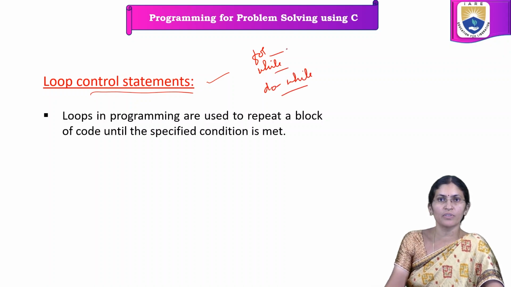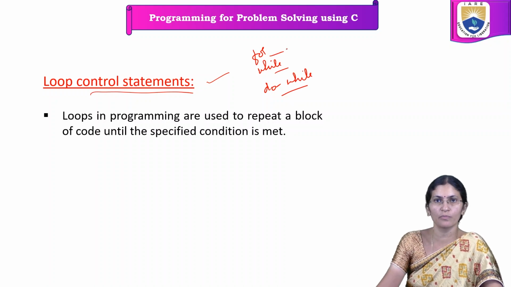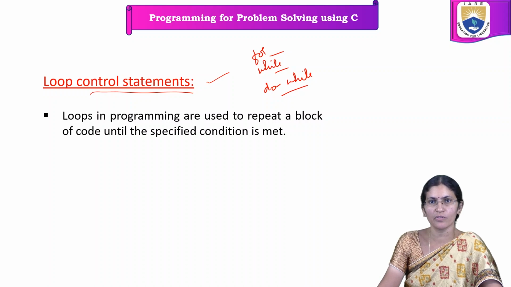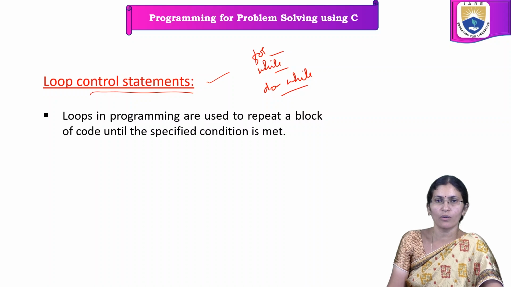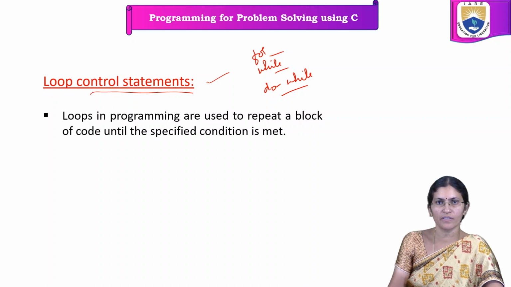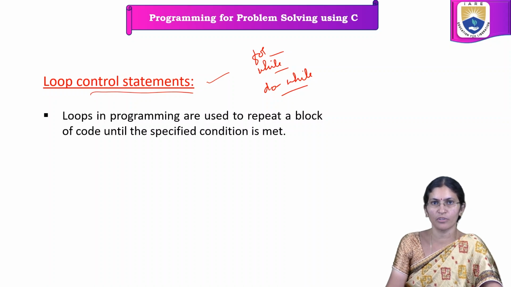First, coming to the need of loops. Why do we use loops? Loops are used in C programming to avoid repetition of code, or when the same set of operations or statements are to be repeated a certain number of times.